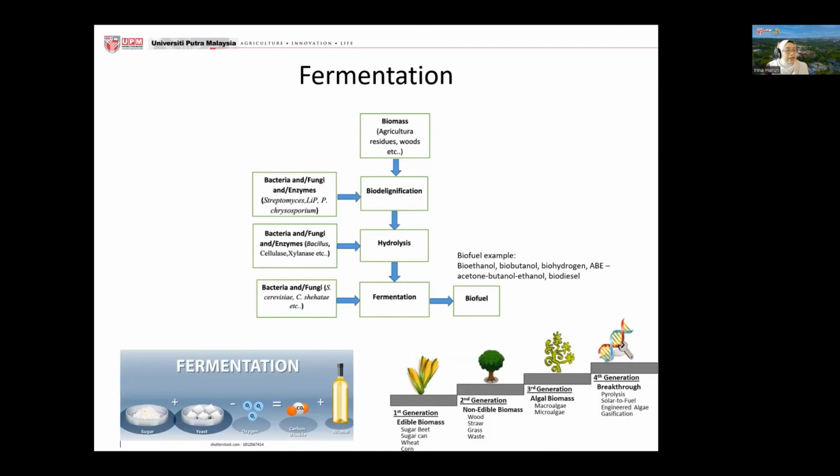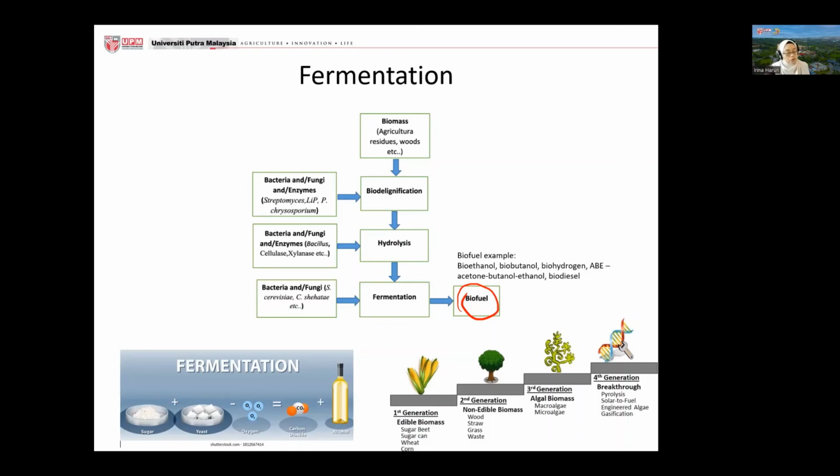So that is what's happening in fermentation, or the biochemical pathway of transforming biomass into energy. If you look up biofuels, there are actually many generations. The first generation is generated from edible biomass, things like corn and sugarcane. So they actually use sugar to produce ethanol.